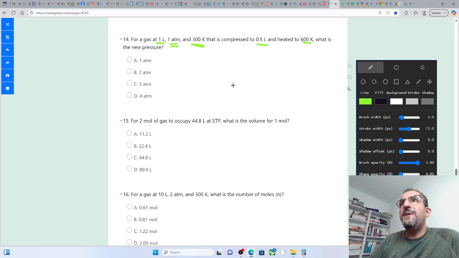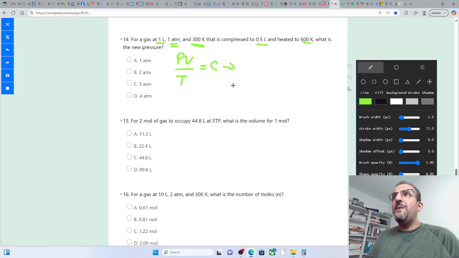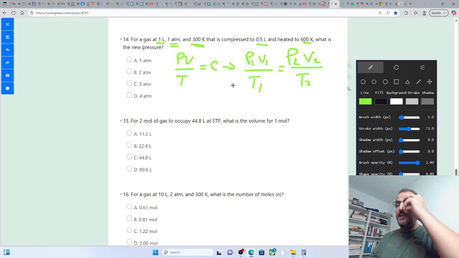It is 1 atmosphere. So the equation that we can use, guys, is PV over temperature is equal to constant, and from here we can do P1 V1 over T1 is equal to P2 V2 over T2. This is the equation that we need to use.